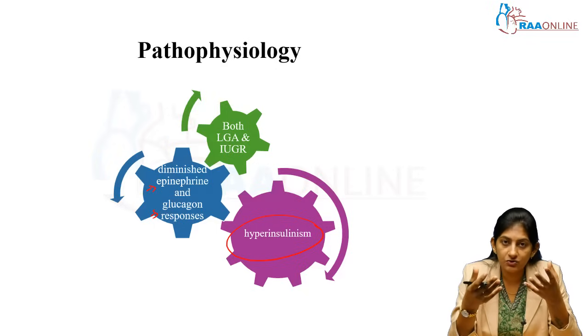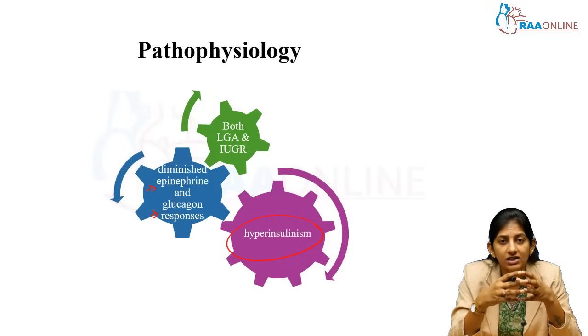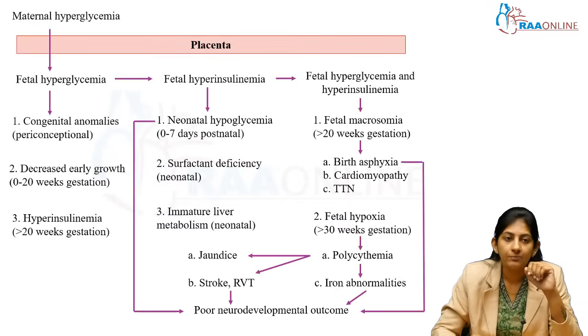So what happens usually in resistant or refractory hypoglycemias? We try with glucagon, isn't it? Even that is going to be diminished, and this response is seen both in large for gestational age and in IUGR babies born to diabetic mothers.